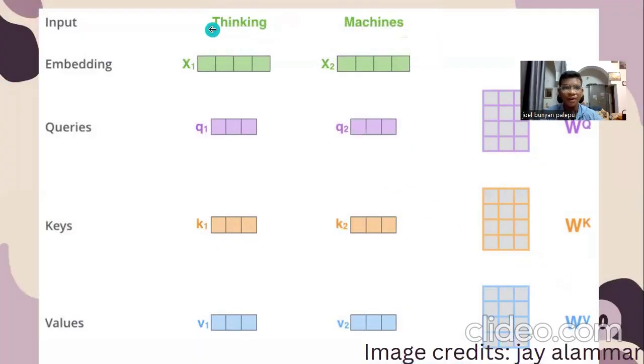For example, say you have two input values, two sequence values, within some time period. Generally when we deal with transformers, we are dealing with language. In this example, the words given are "thinking machines". Let's say you have two sequence values, x1 and x2.